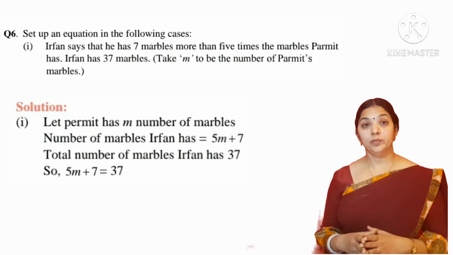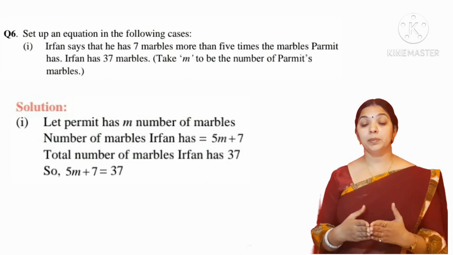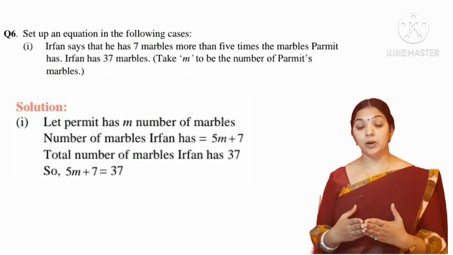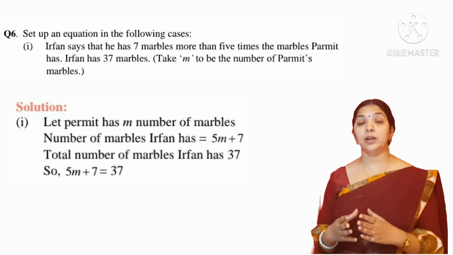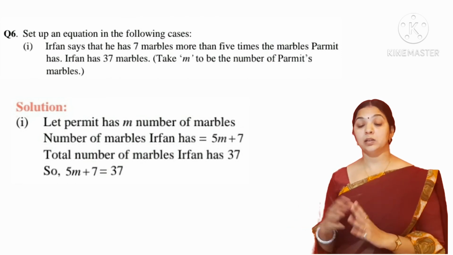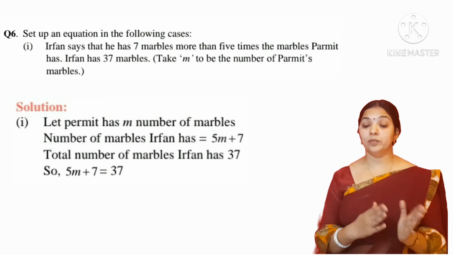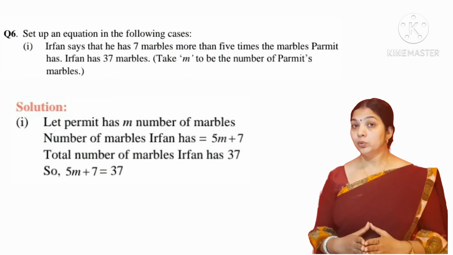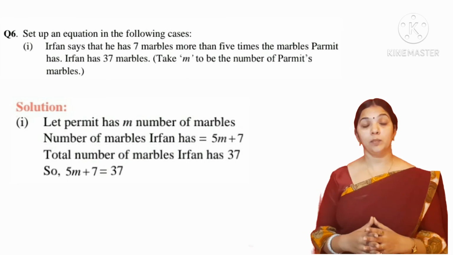So let Parmit have m marbles. Then the number of marbles Irfan has is 5m plus 7, and the total is 37. So the equation becomes 5m plus 7 is equal to 37. This is how you have to form the equation for the given statements.